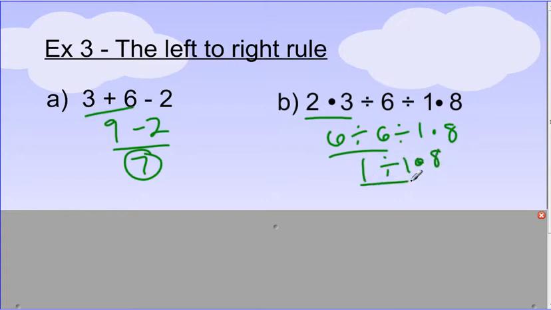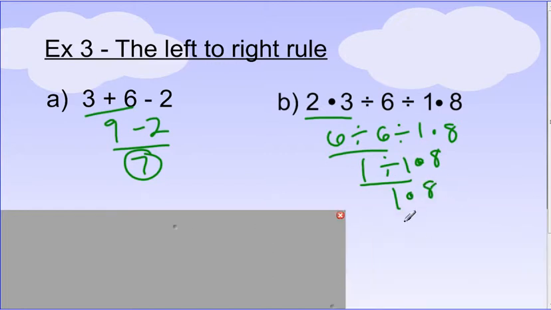Still left to right. 1 divided by 1 is 1. And now finally we can do this multiply, and 1 times 8 is 8. Alright? So we worked from left to right because we had multiplies and divides in the same step.